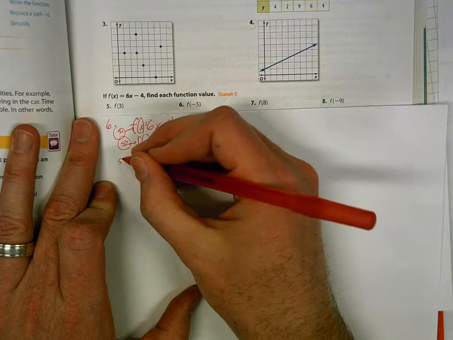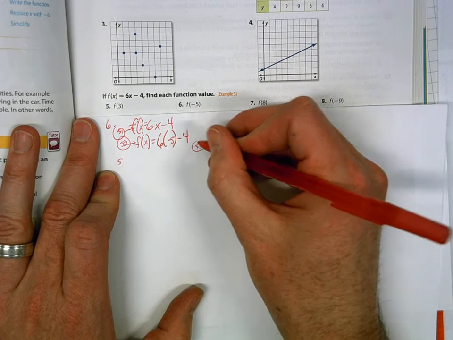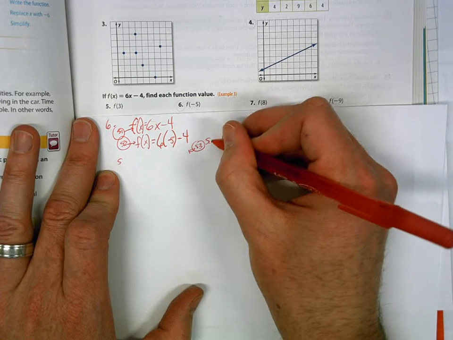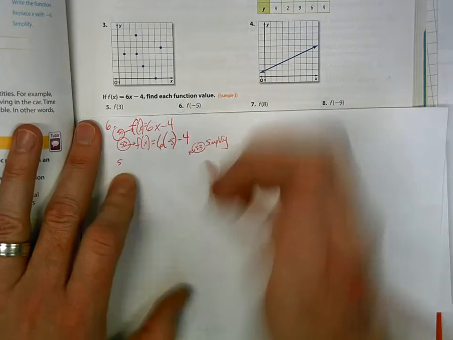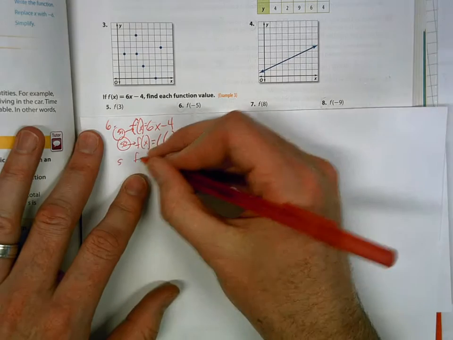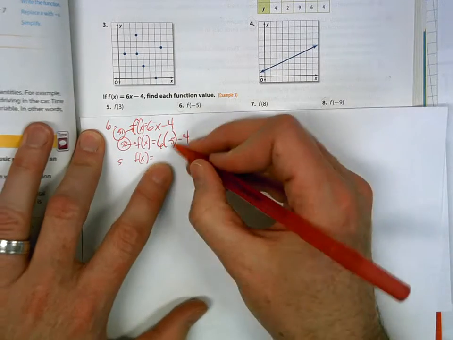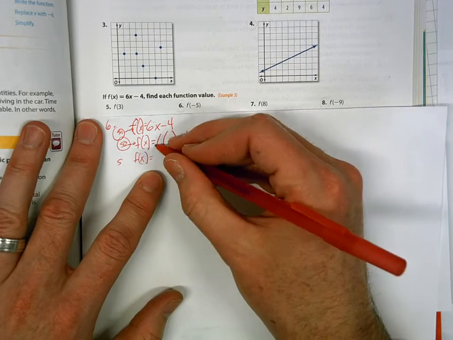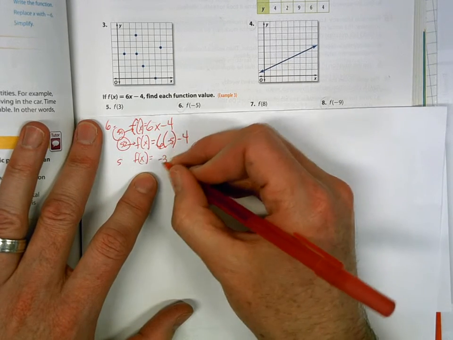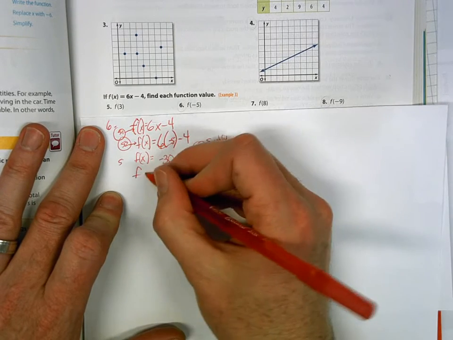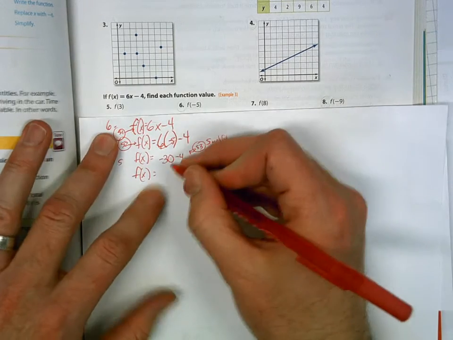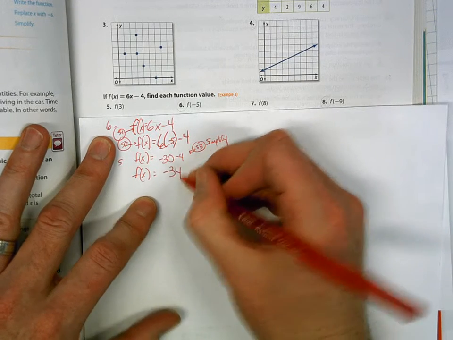Step 3, simplify the expression on the one side. So we have the function of x equals, and then 6 times negative 5, do the multiplication first, is negative 30. Rewrite it, minus 4. And the function of x equals negative 34.